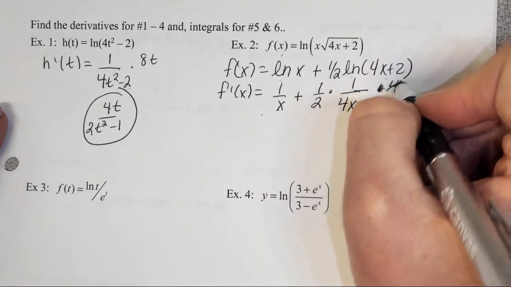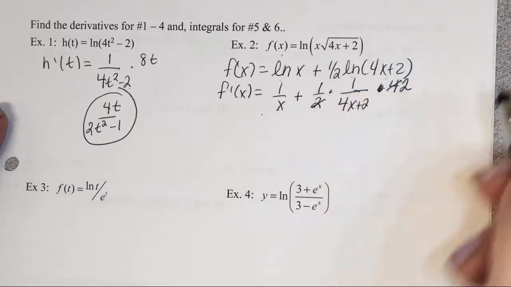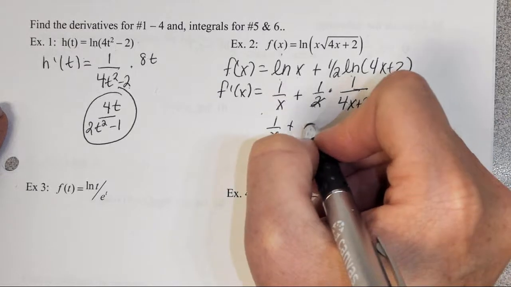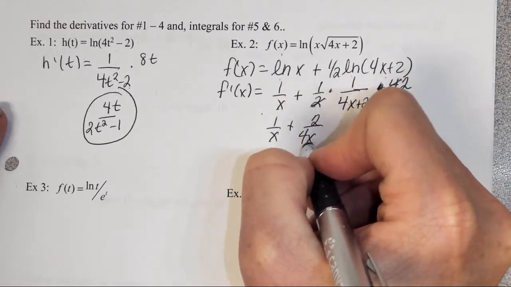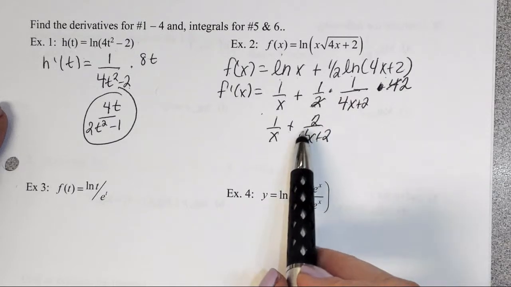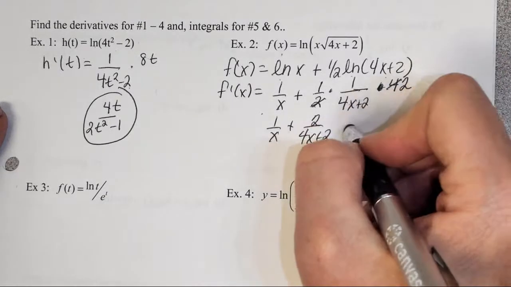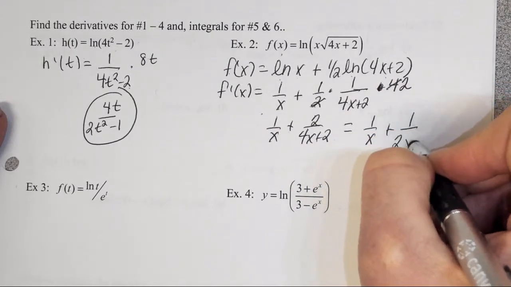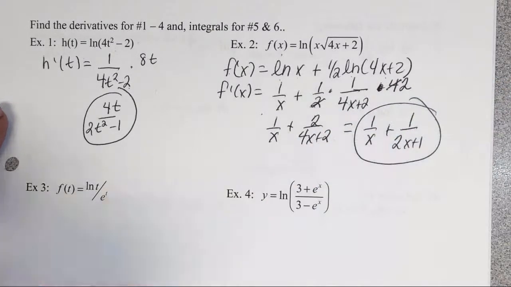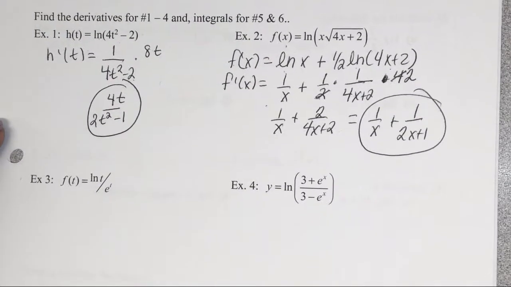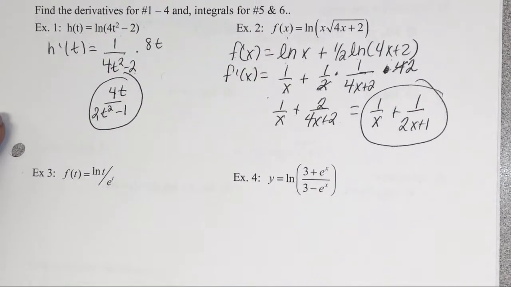I'm allowed to do that because it's all in the same term. Okay, so now I would have 1 over x plus 2 over 4x plus 2. What can I do with all of these terms? Divide them by 2. So my best answer is 1 over x plus 1 over 2x plus 1. So that's a review of derivatives with natural logs.